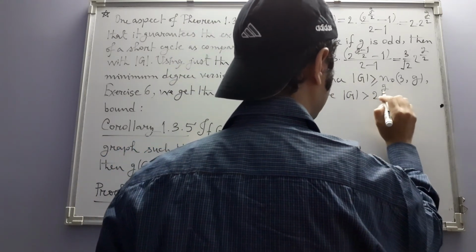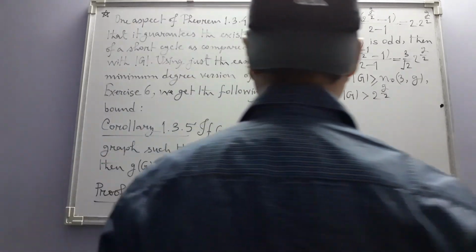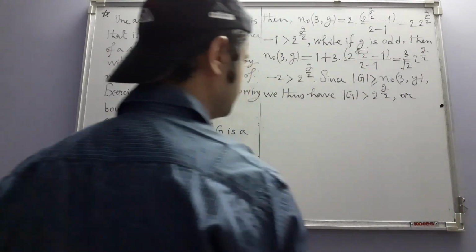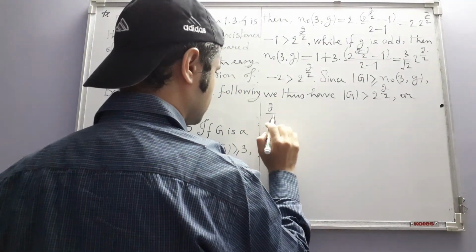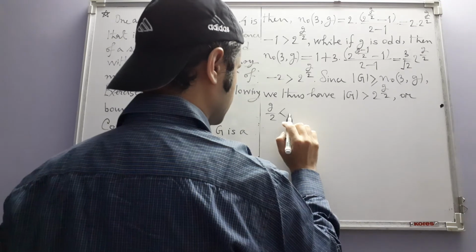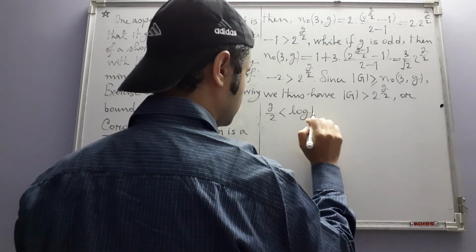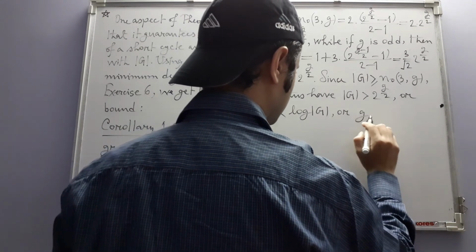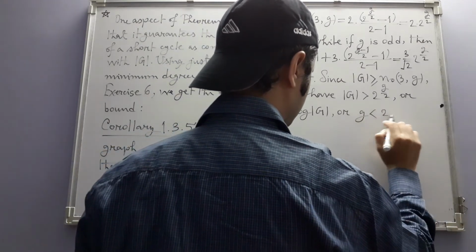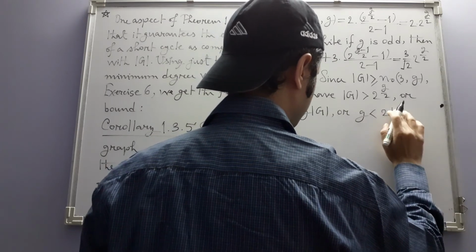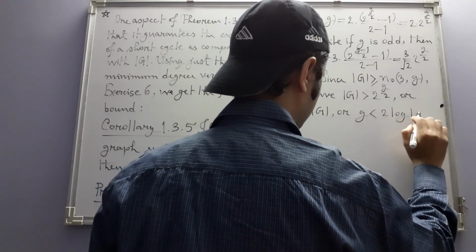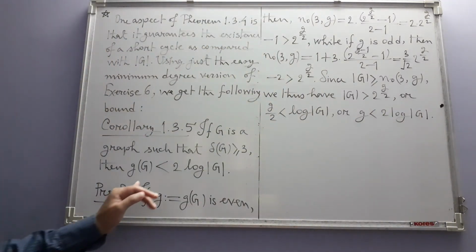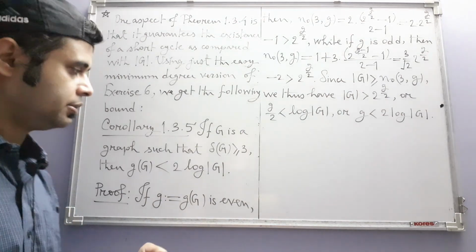So here also we will have strict inequality: g by 2 less than this, or g less than 2 times log of the order of G. So you see that this result is actually quite general.